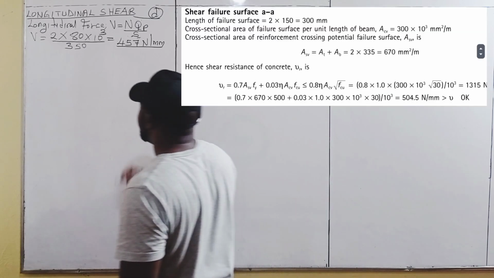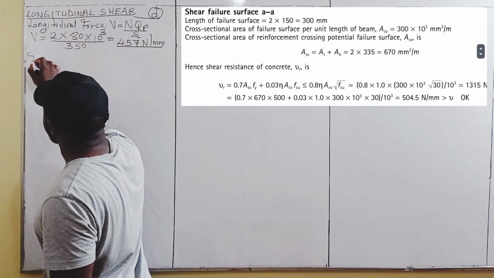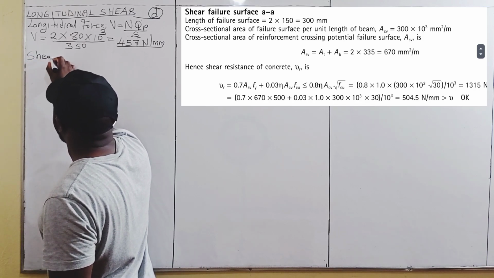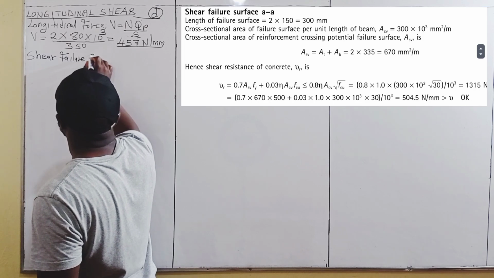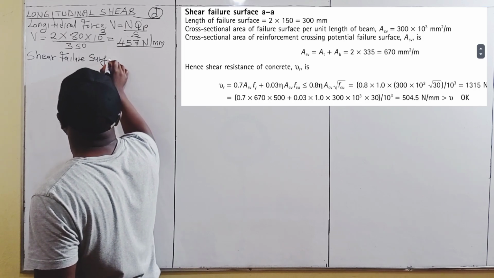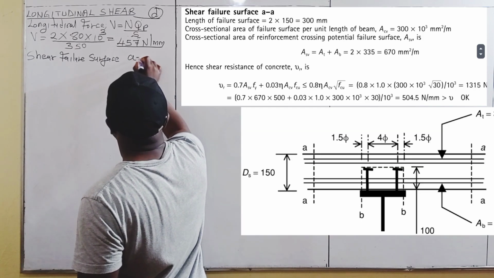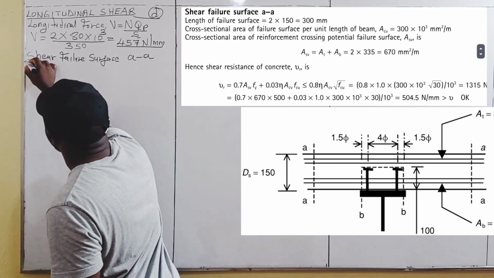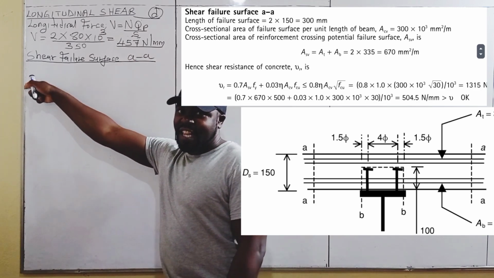After that, we are going to determine the shear failure surface about section AA, as shown in this figure here.